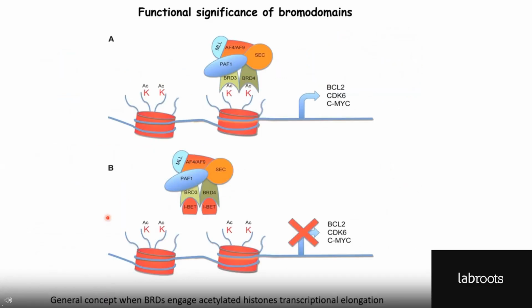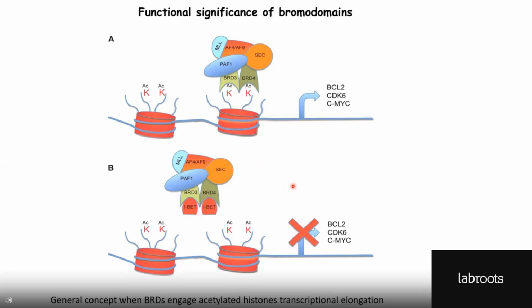The functional significance of these bromodomains is that these bromodomain containing proteins can recognize acetylated lysines on histones on nucleosomes and can then co-regulate transcription. And in this particular case, important genes like BCL2, CDK6, and c-MYC are regulated by BRD4 along with other transcriptional components here.